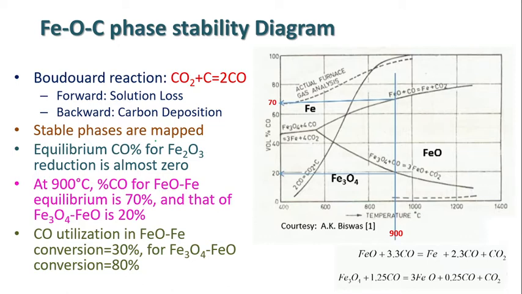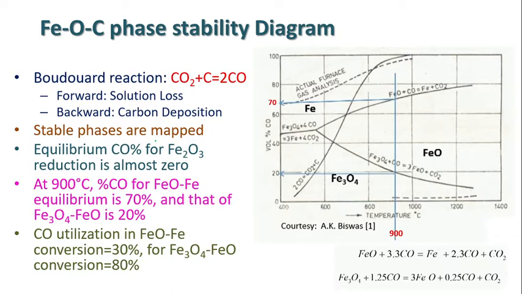We have seen in our previous lecture that the oxygen potential of the gas fluctuates when it passes through the alternate layers of ore and coke inside a blast furnace. But when the temperature decreases to 900 degrees centigrade, the oxygen potential continuously goes on increasing, and carbon monoxide percentage in the gas decreases respectively.